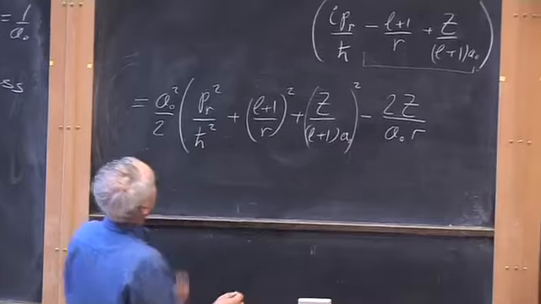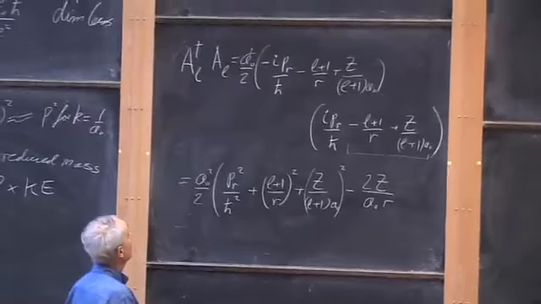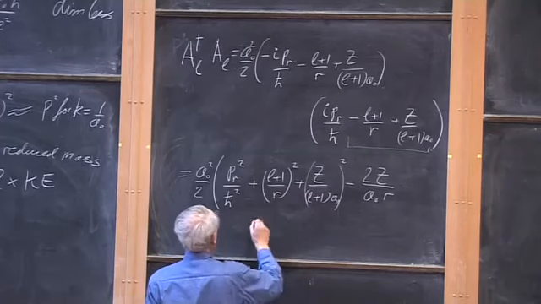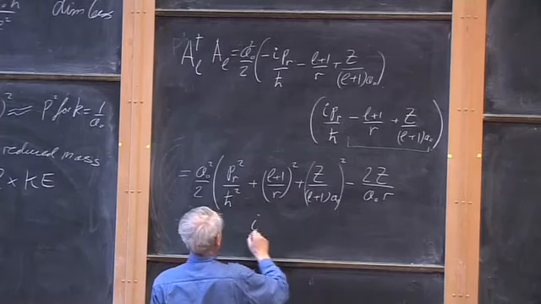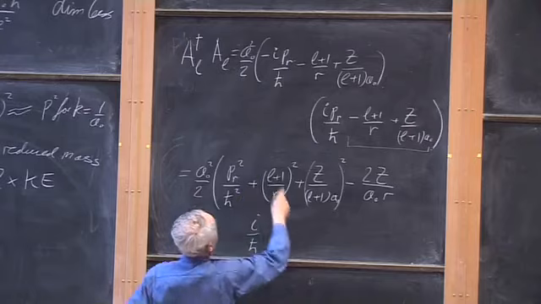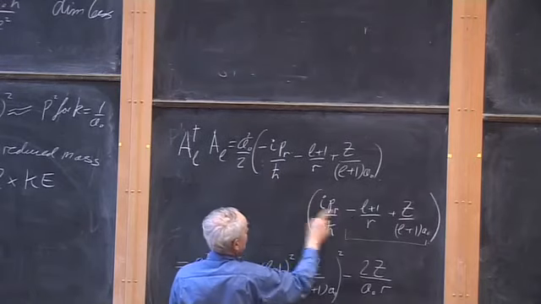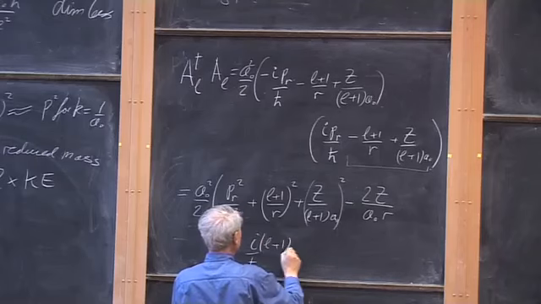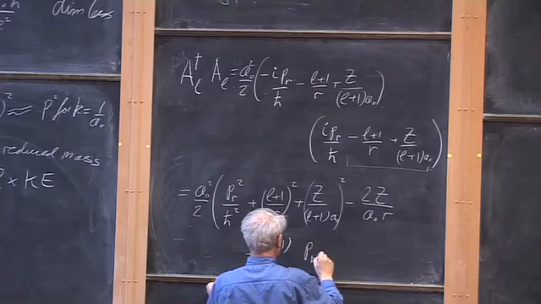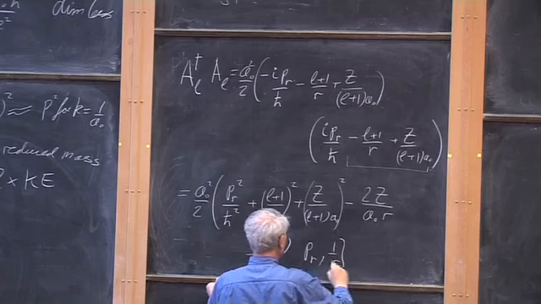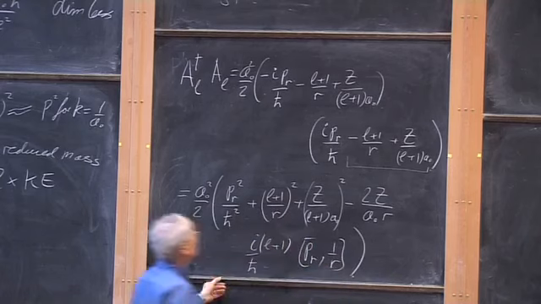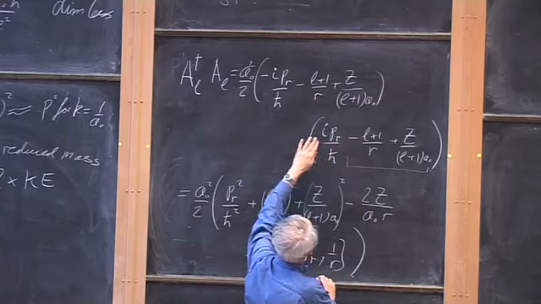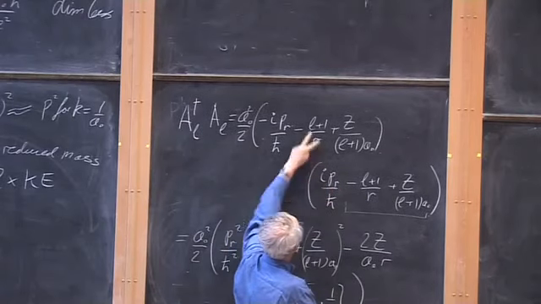So the extra term that arises because we're working with operators is going to be i over h bar. So this minus sign and this minus sign cancel. We have that (l plus 1), and then I have a P_r, comma, 1 over r, close big bracket. That's what I'm going to get from this term on this term, not cancelling on this term on this term.